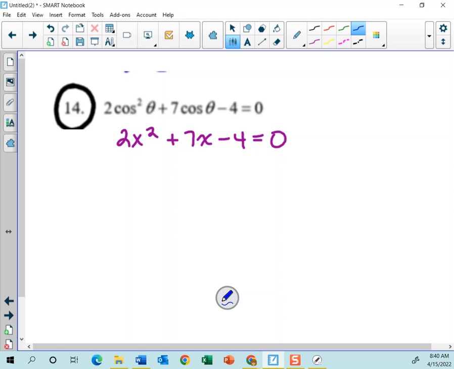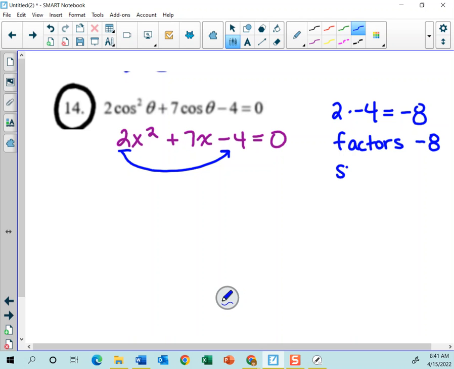Factor by grouping. One way to think about this: 2 times -4 is -8. So, factors of -8 that add up to 7.